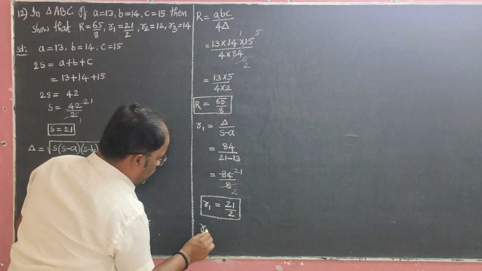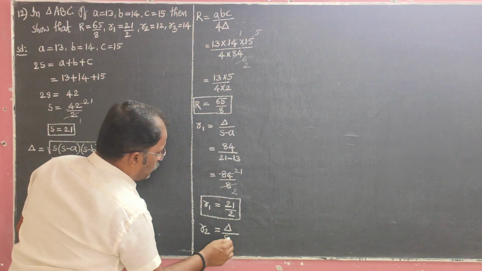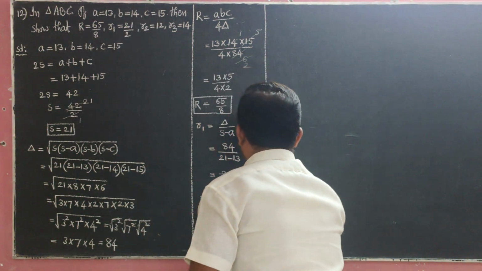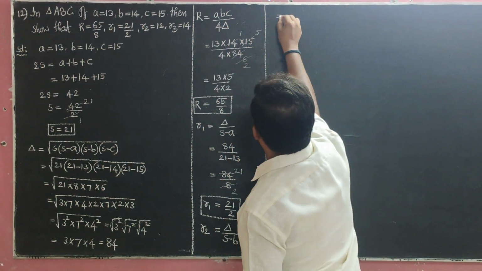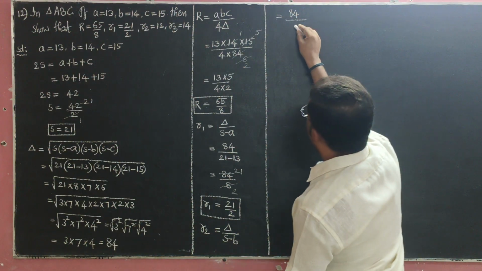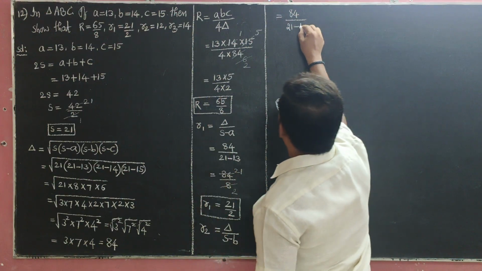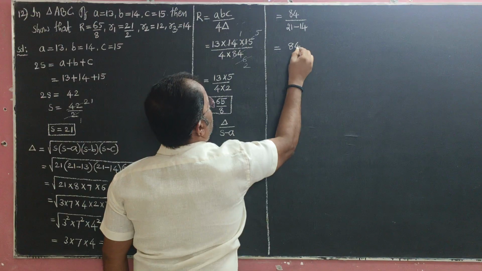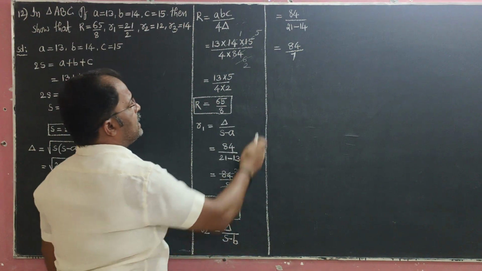Next, r2 value. What is r2 formula? Already we know the formula, r2 value is delta by s minus b. Okay, now substitute. What is delta value? Delta value is 84 and s value is 21 and b value is 14. Okay, right. 84 as it is, and 21 minus 14 is 7.